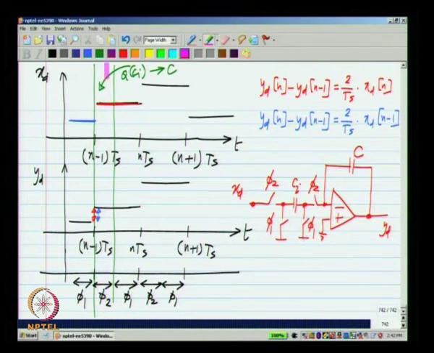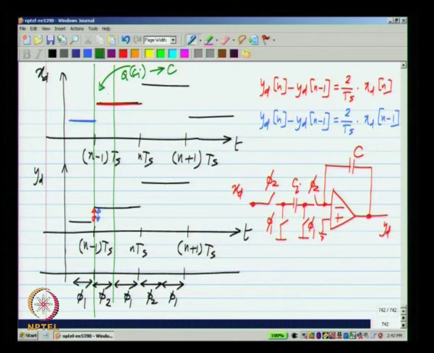Now, during the phase phi 2, the left side is connected to xd, and this point will be at virtual ground due to negative feedback around a high gain op amp, and there will be a certain change of charge in this capacitor, and that will be related to how much charge is there on Ci, because if you look at this node, no charge can escape this node between phi 1 and phi 2. So, the amount of charge change in C will be related to the amount of charge change in Ci, which in turn is proportional to the present sample.